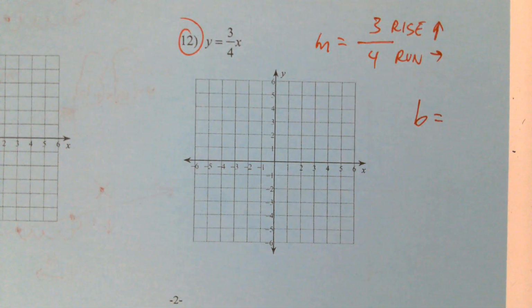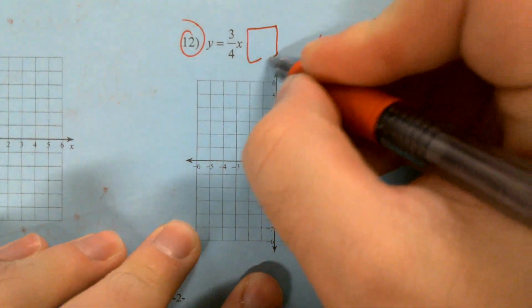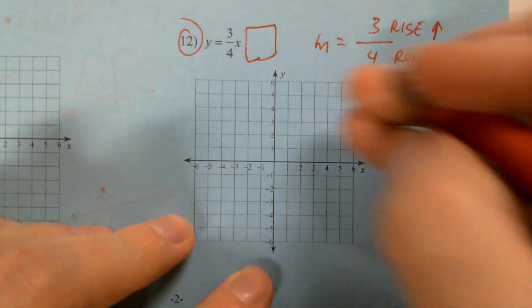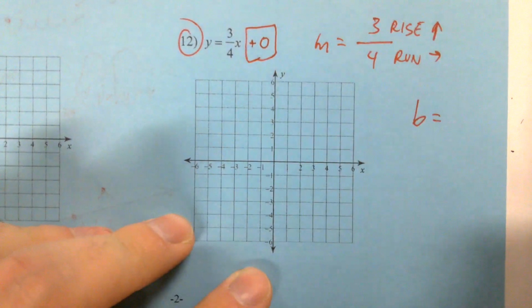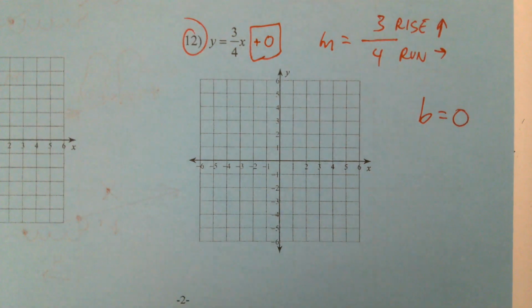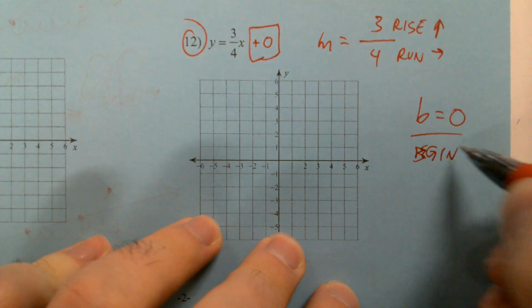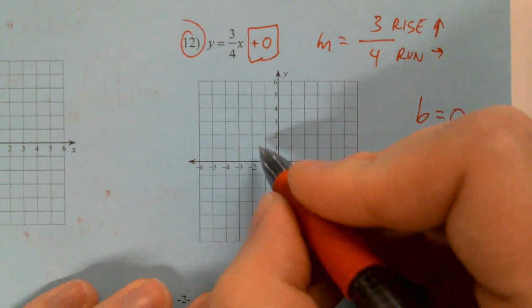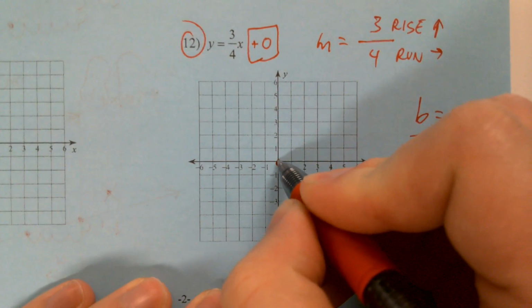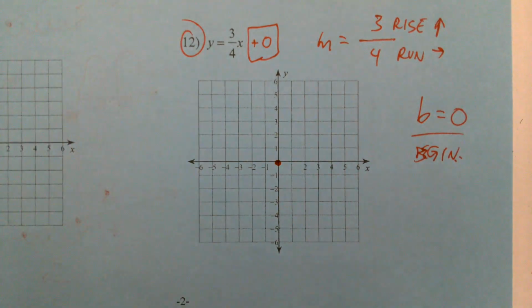Now, what's my b going to be here, Devin? 0. Whenever we don't see a number being added or subtracted on the end, we could assume that we're adding 0. So where's my beginning point going to be? At 0? Right here? Yeah. That's right. What do we call that point again? The origin. That's right.